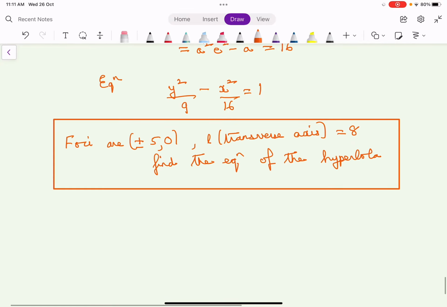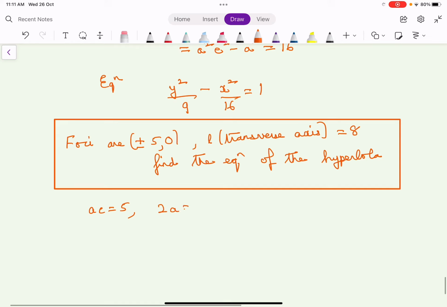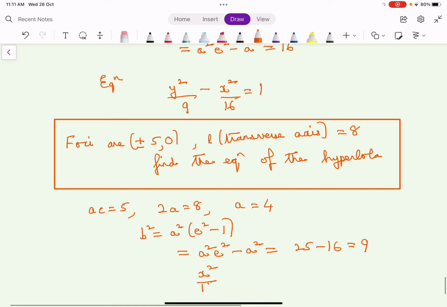So in this case, AE is 5, it's of the first form. 2a is 8 because that's the length of the transverse axis, so a equal to 4. So again use the formula b squared equal to a squared into e squared minus 1. So you get a squared e squared minus a squared, that is 25 minus 16, which is 9. So your equation becomes x squared by a squared, that is x squared by 16, minus y squared by b squared, that is y squared by 9 equal to 1.